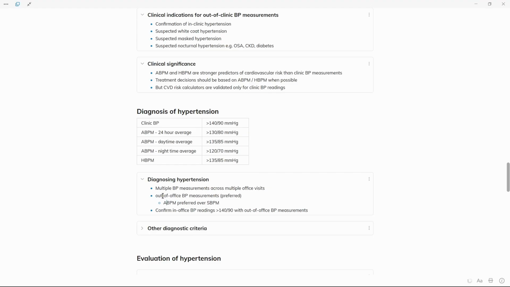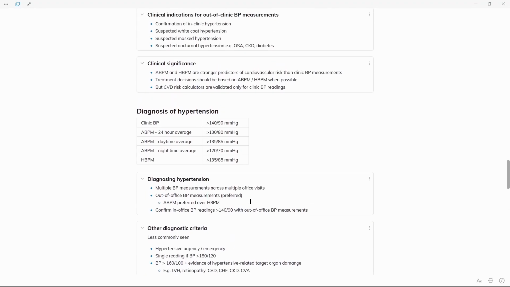We prefer out-of-office blood pressure measurements if possible, so ABPM or HBPM, and if you have to pick between ABPM or HBPM, you prefer ABPM because that is more accurate. And you need to confirm any in-office BP readings in the hypertensive range with out-of-office blood pressure measurements, because in order to diagnose true hypertension, you need to make sure, as mentioned before, that the patient doesn't have masked hypertension or white coat hypertension.